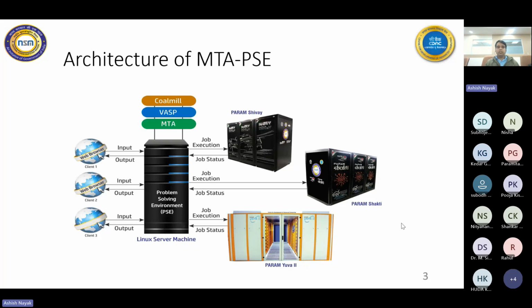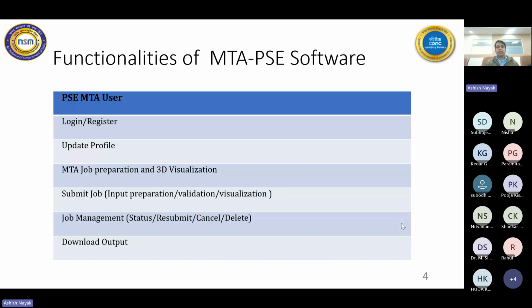So now the next. These are the functionalities of the software. First, we have already given you a user ID and password. These are the basic steps where you first go through login. Then if you want to see your profile, you can go and see your profile.